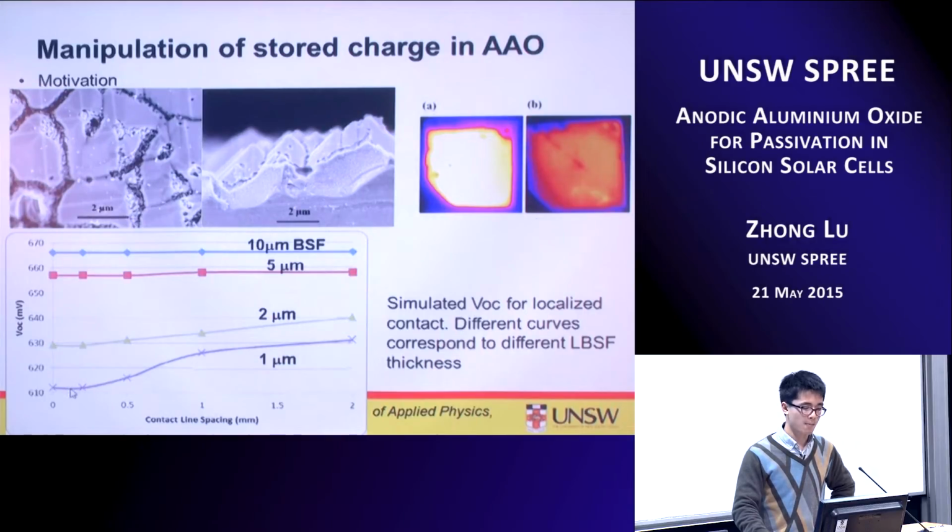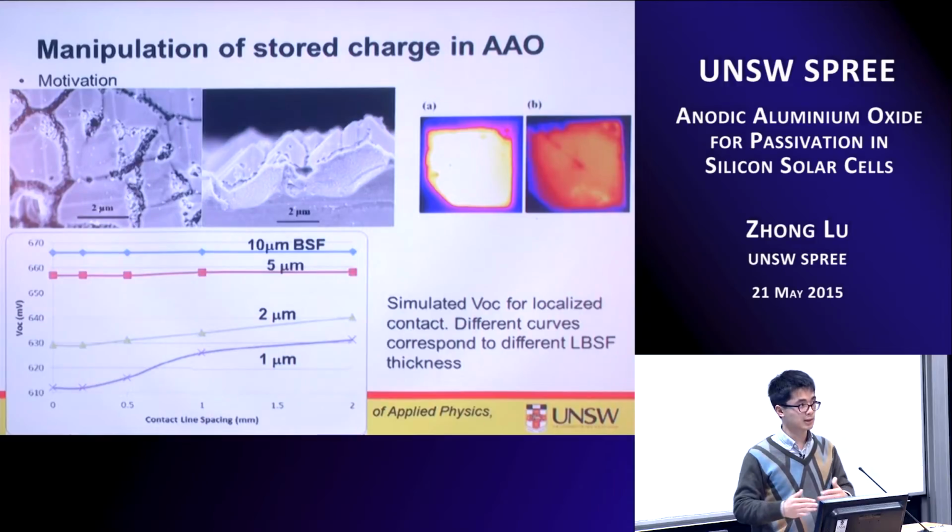If I'm having a very shallow BSF, it would effectively be the same as the full contact, which has a very low voltage. But in my case, I don't have the benefit of a full aluminum contact, where you have a very thick BSF to shield the minority carrier. And I also don't get the benefit from a localized contact, where you have the passivated area that is low recombining.